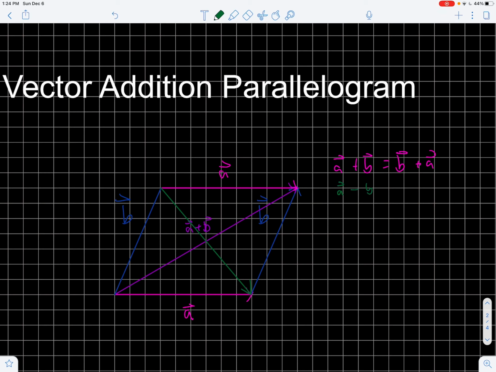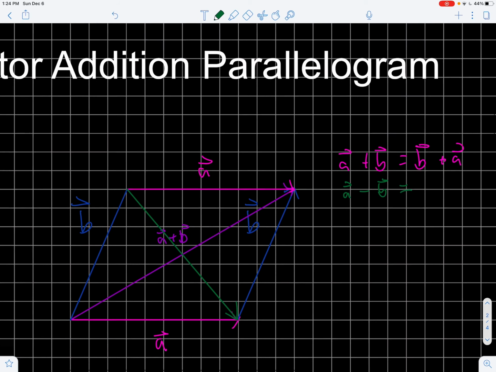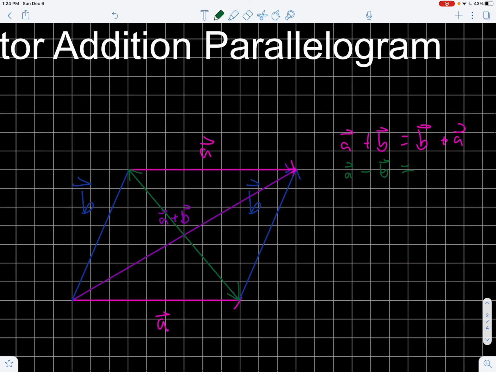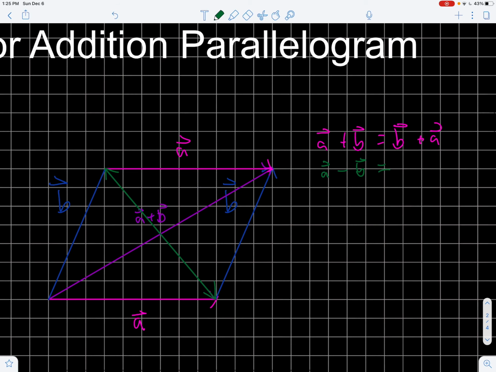So vector A minus vector B equals this. Now, what if we go from vector A to vector B?